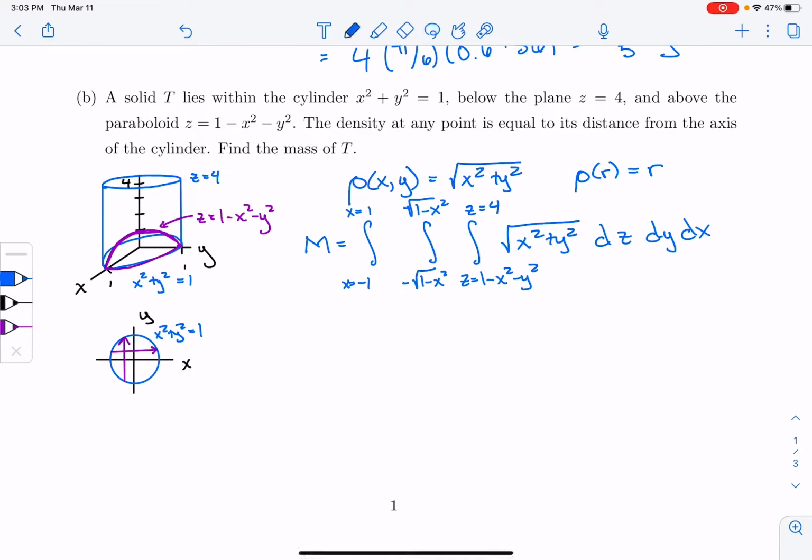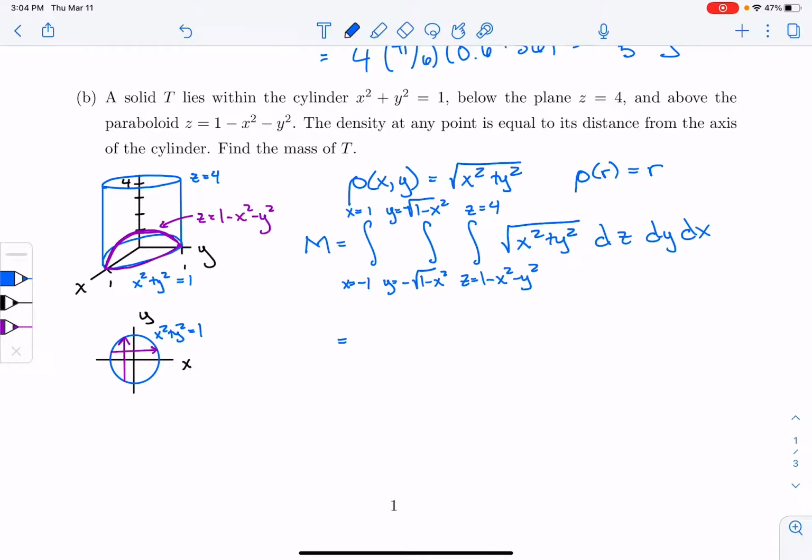First of all, the function has that nasty square root in it. And then the region is described by all of these nasty square roots. So I would rather describe this whole thing in cylindrical coordinates.